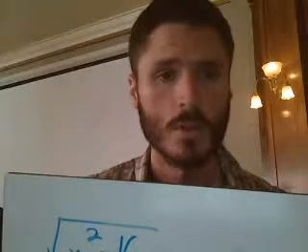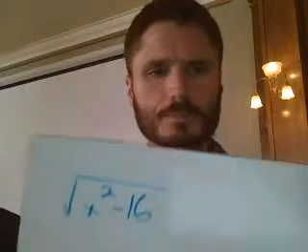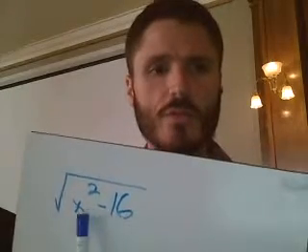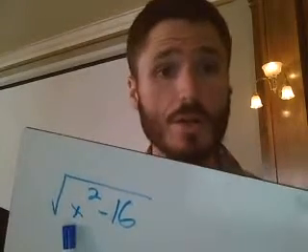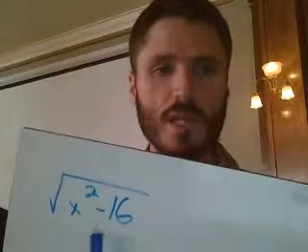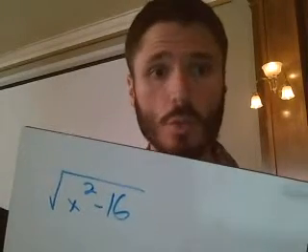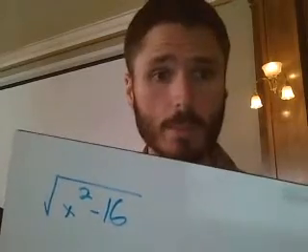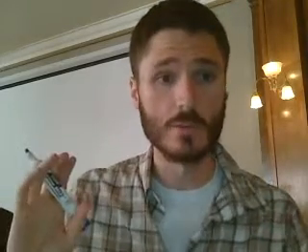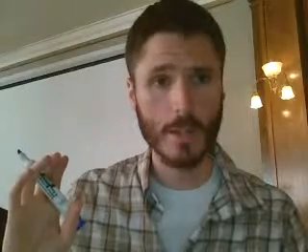Would -5 work? Well, what's -5 squared? -5 squared is 25. 25 minus 16 is 9, the square root of 9. We can do that, no problem. Okay. So what are the troublesome numbers in number 2? Well, I think it's everything between positive 4 and negative 4.